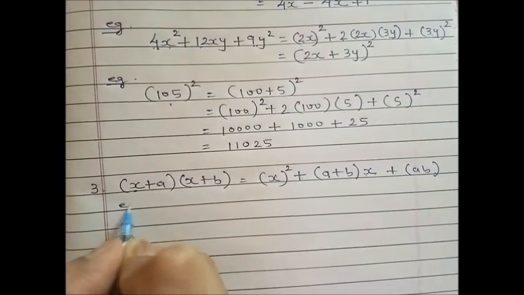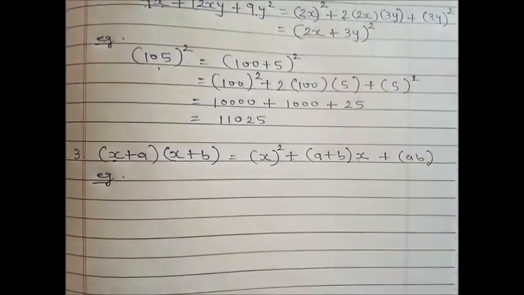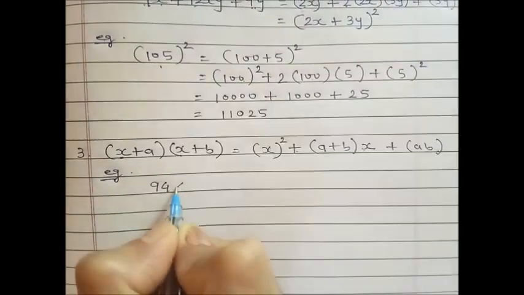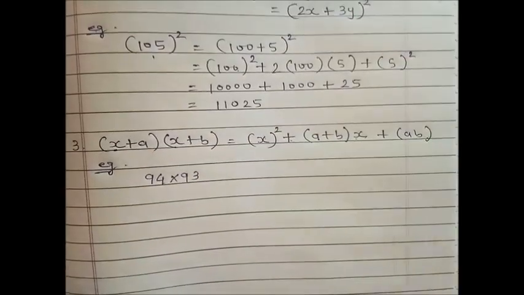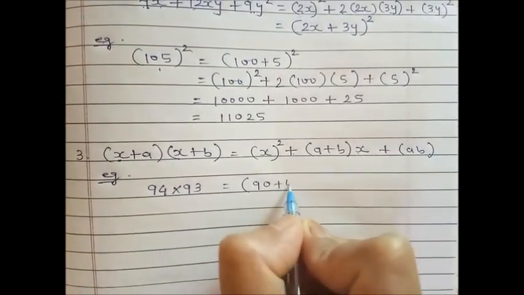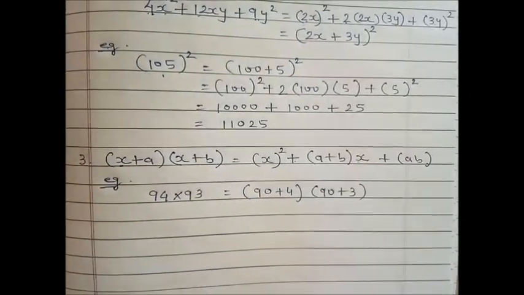Let's take one example for this. Let's take numbers itself, right? Let's take 94 multiplied by 93, right? Can we write that 90 plus 4 and 90 plus 3, right?